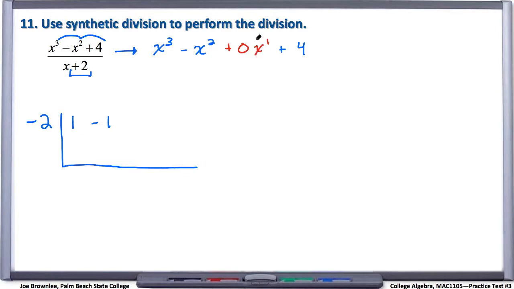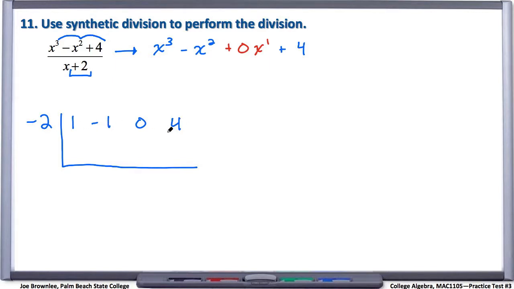The x to the first term has a coefficient of 0, so we fill in 0. Then we have our constant of 4, and we bring down that 4. Notice that if the coefficient of one of your terms is negative, that sign has to come with it.